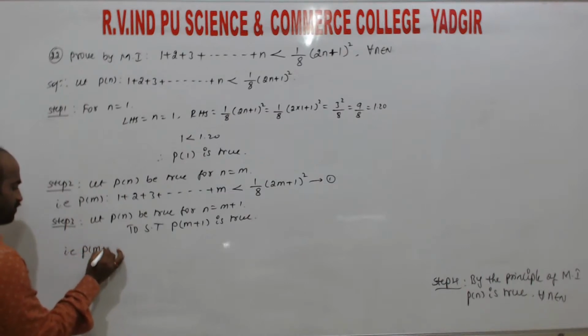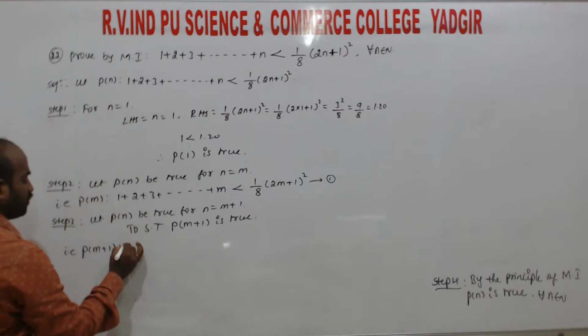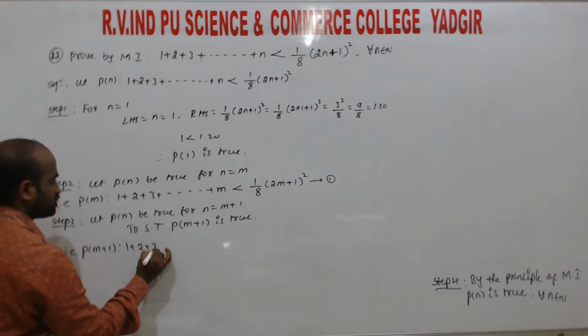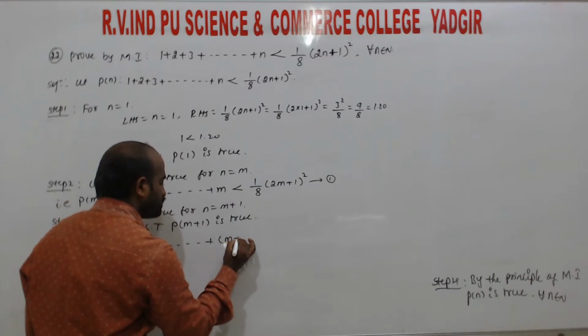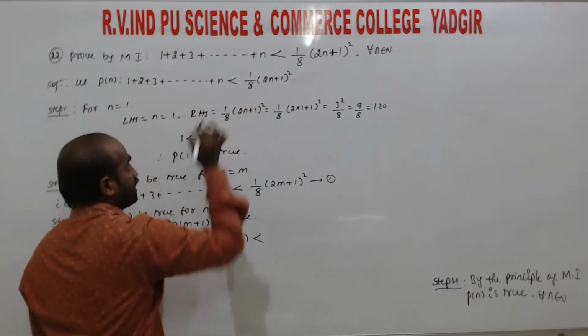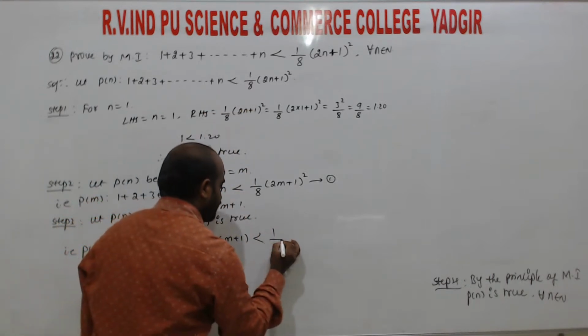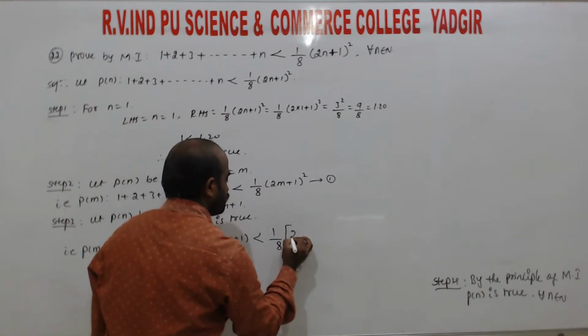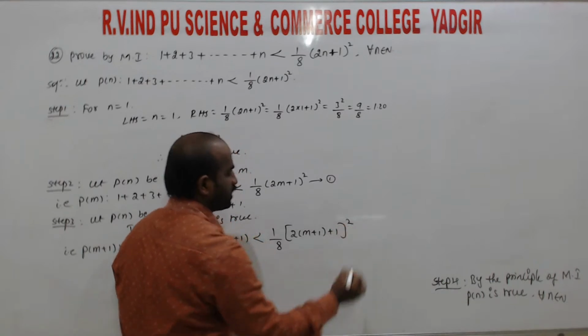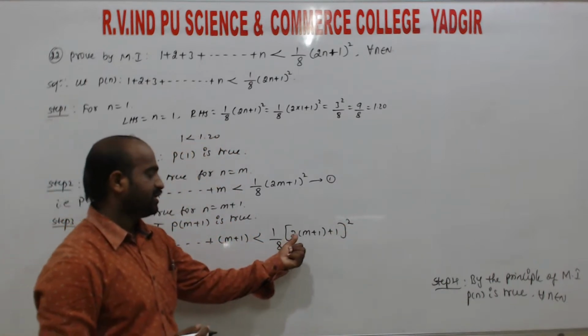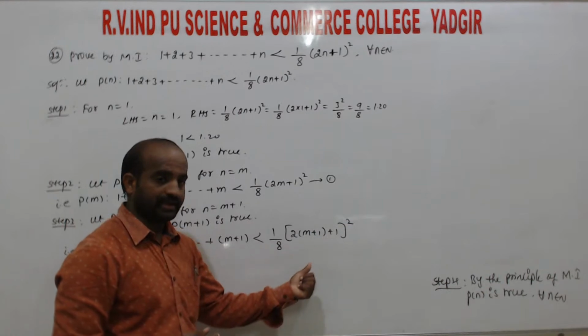P of m plus 1: 1 plus 2 plus 3 and so on up to m plus 1 is less than 1 by 8 into (2 into (m plus 1) plus 1) whole square, so this is less than (2m plus 3).